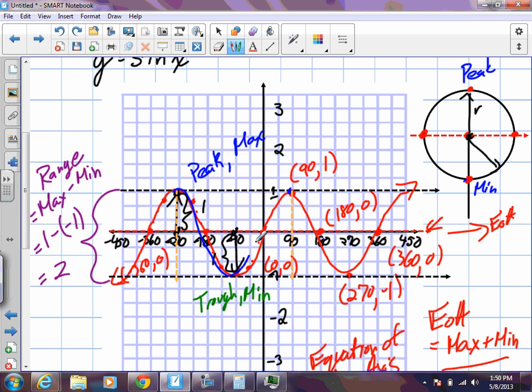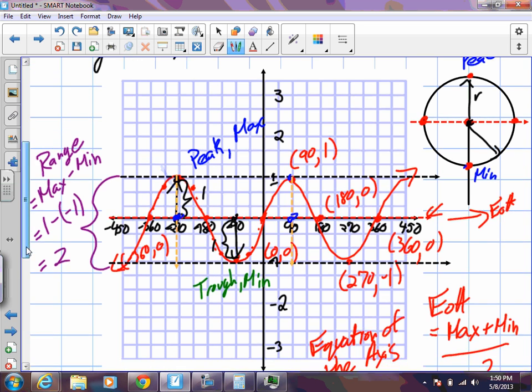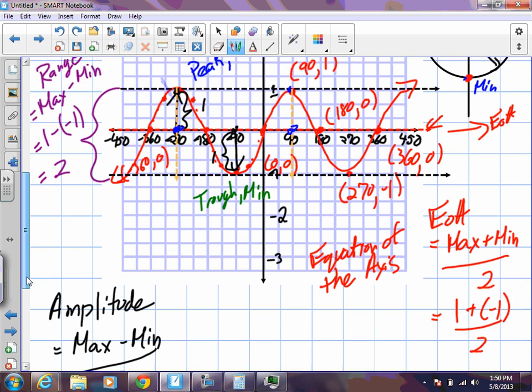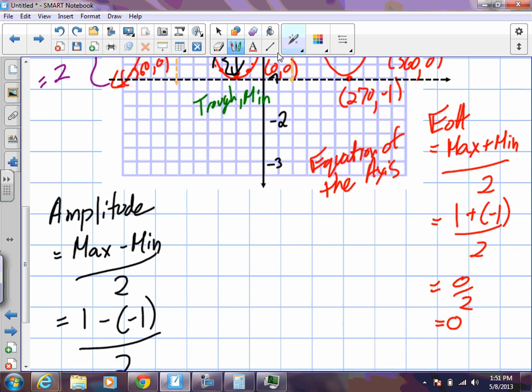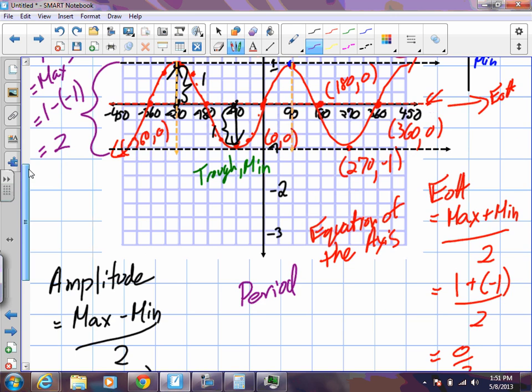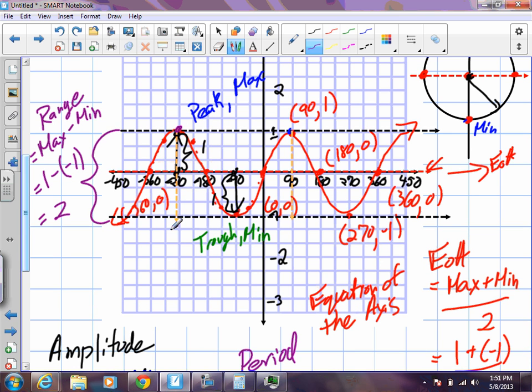In order to calculate the period, we have to take those x values and subtract them. We take one of them and subtract the other. So for our period, one of the x values we had was 270, and the other one was 90. Let's take the larger one and subtract the smaller one.